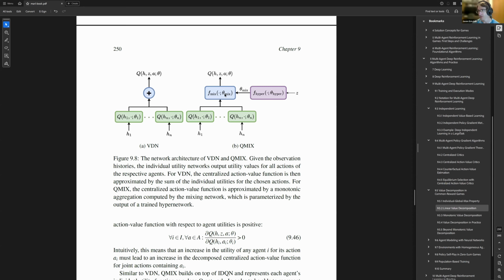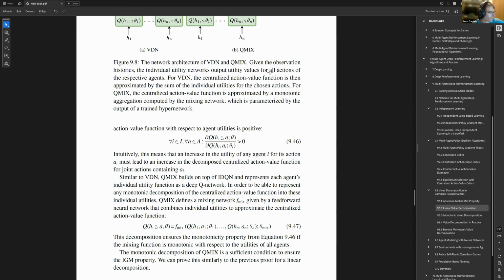But again, it means that this technique can only model value decomposition for things that have a monotonic value decomposition, which sounds like it's a lot more capable than this, which requires a linear value decomposition. But practically, across problems you're actually interested in, I don't know how often you get these monotonic decompositions.